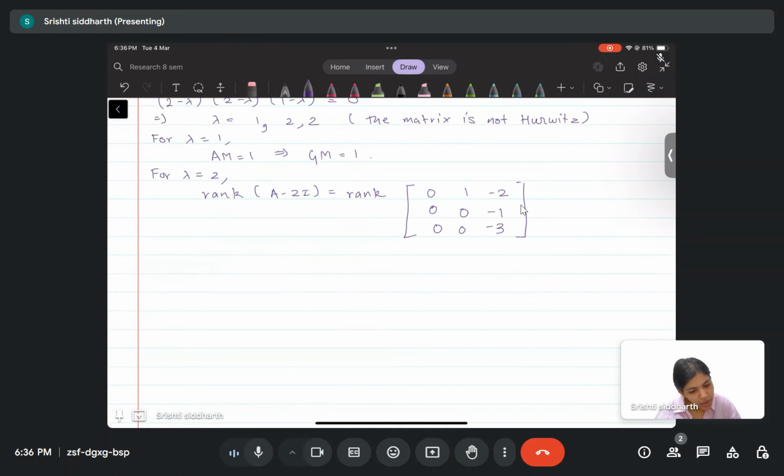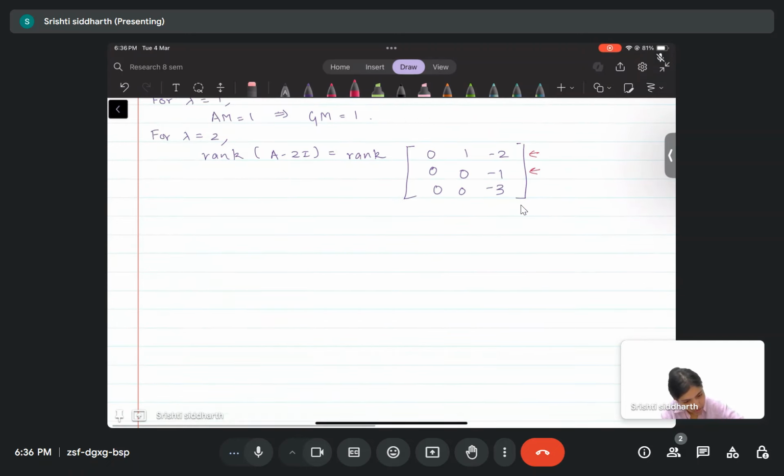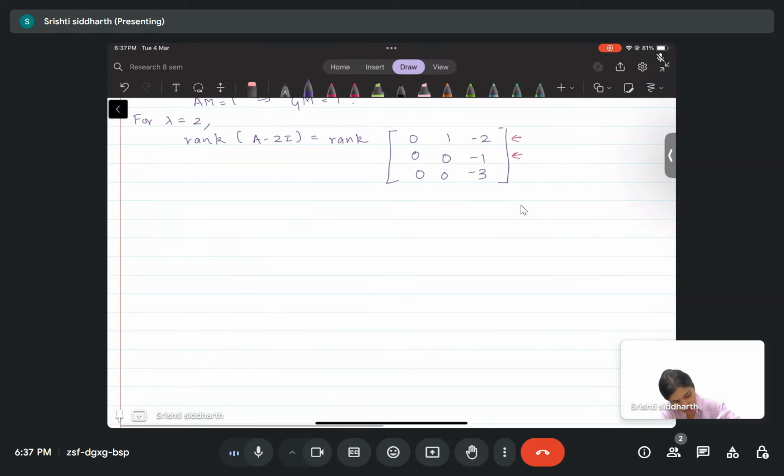So we can see that there are two linearly independent rows, this one and this one. Or since it is a square matrix, we can just check that the rank is not 3.